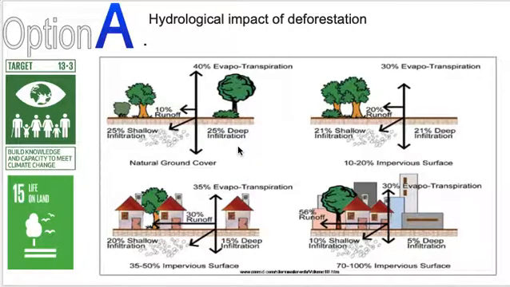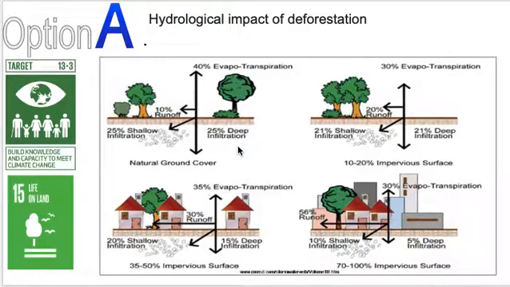So we have already looked at the impacts of deforestation in previous lessons, so we'll go over these concepts once again in a bit more detail. In this diagram, you can see the effect that deforestation would have on evapotranspiration. There is also a significant effect of deforestation on runoff.